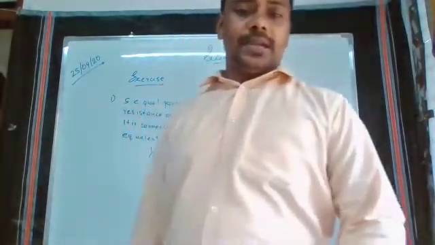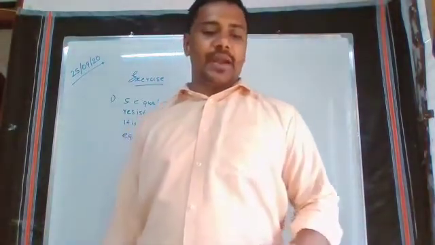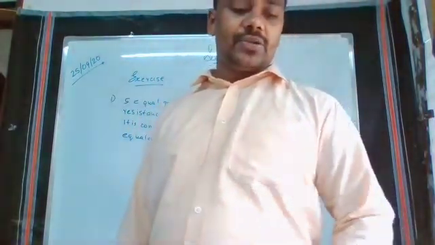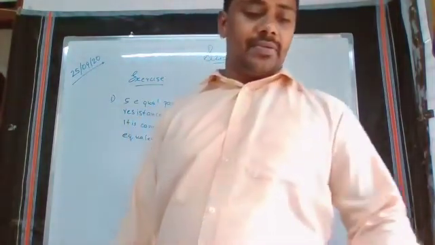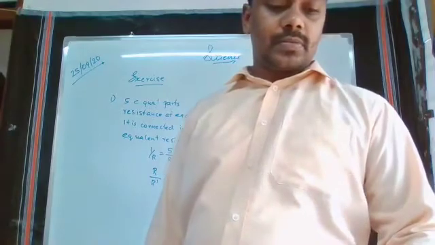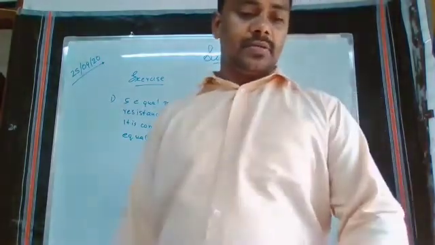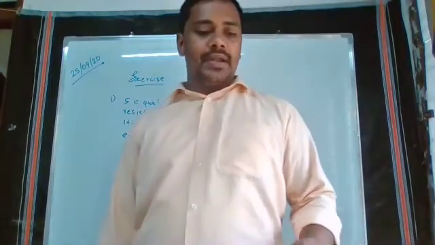Then second one, which of the following does not represent electrical power in a circuit? I square R, IR square, VI, V square R. Which of the following does not represent electrical power in a circuit?